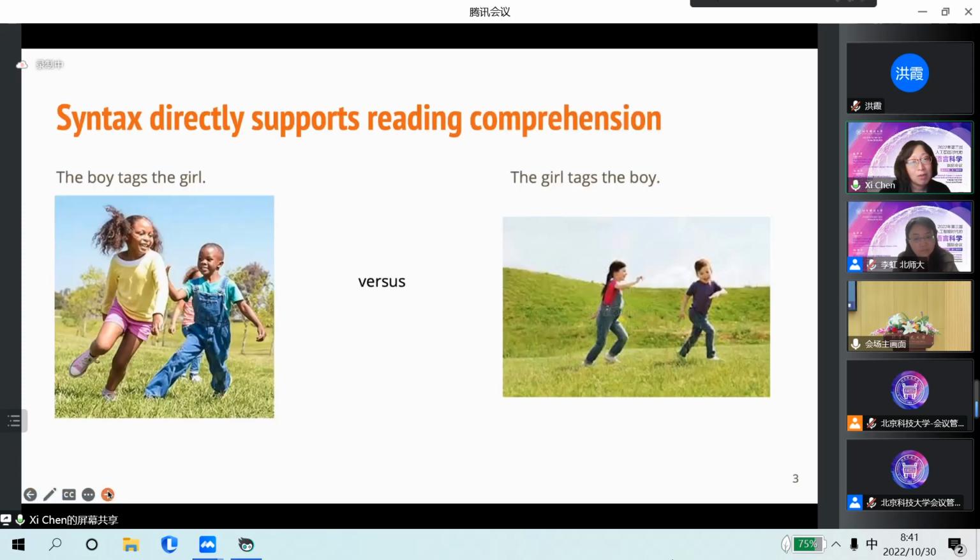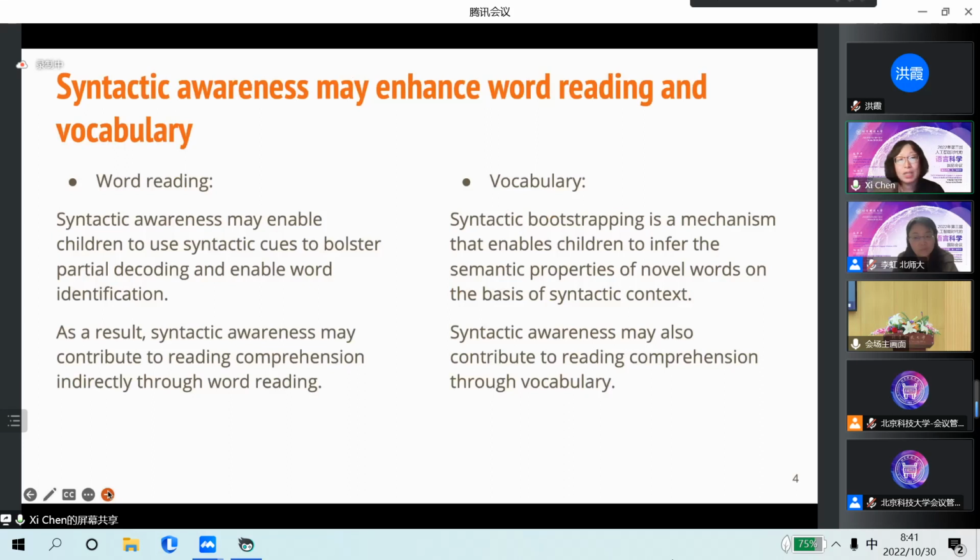But syntactic awareness may also support reading comprehension indirectly through word reading and vocabulary. In statistics, we call these mediation effects. So the analysis I'm going to present today will be mediation analysis.